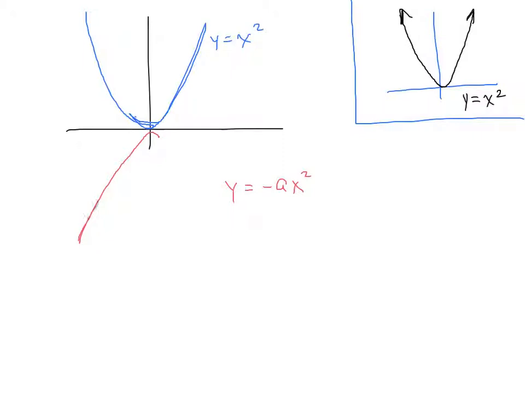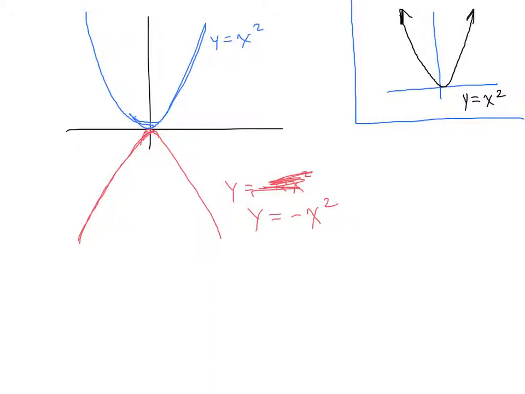Kind of like that. It will be a mirror image of the blue. So this is actually the graph of y equals negative x squared, because I flipped the graph of x squared.